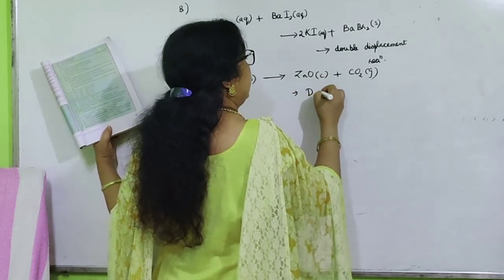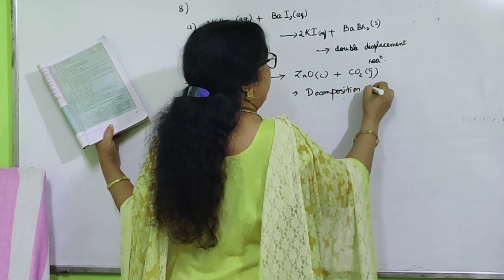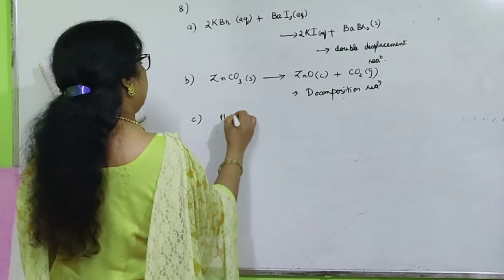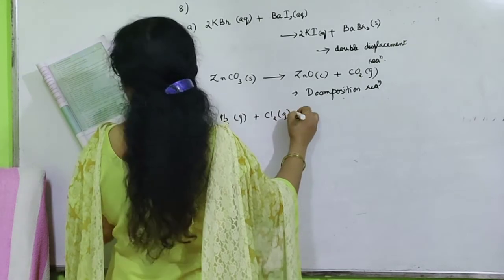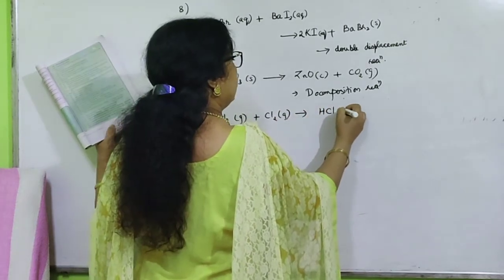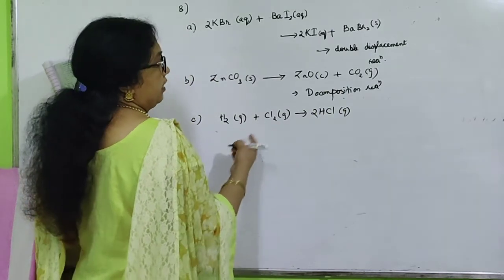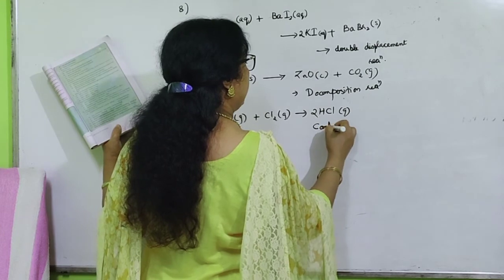And the third one: hydrogen gas reacts with chlorine gas to form hydrogen chloride gas, 2HCl. Here two reactants combine to form one product, so that is a combination reaction.